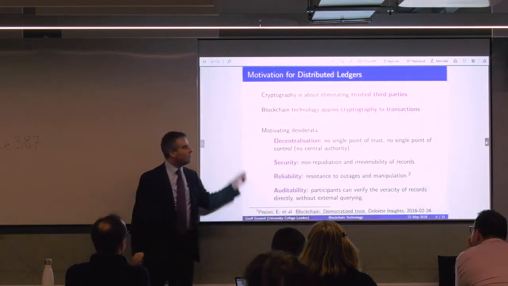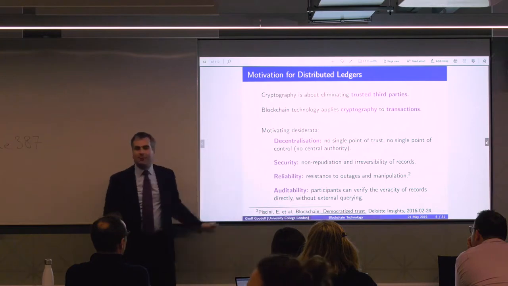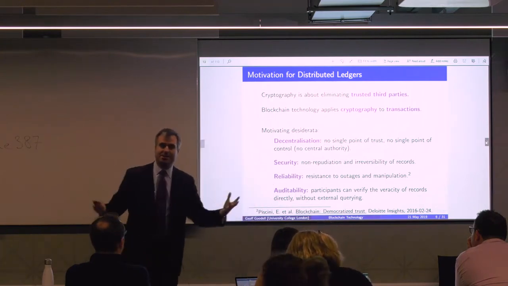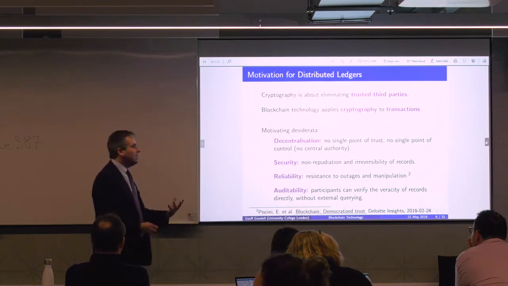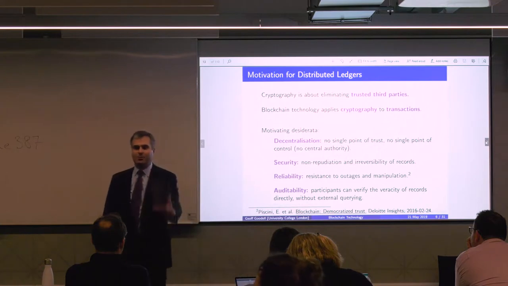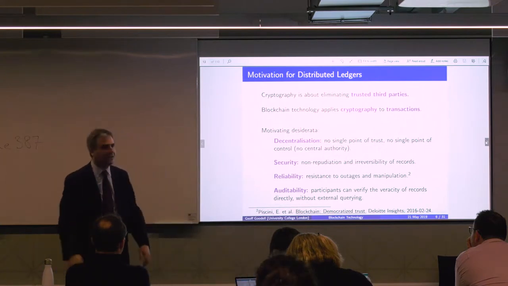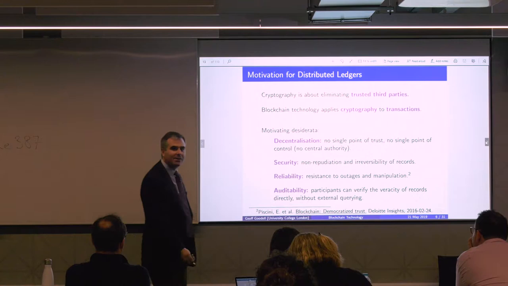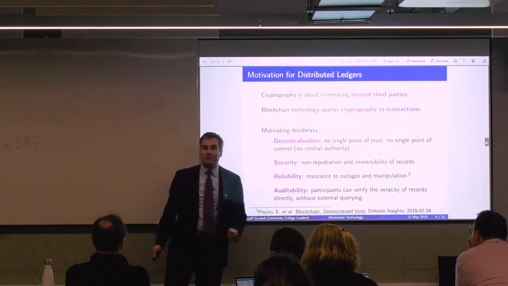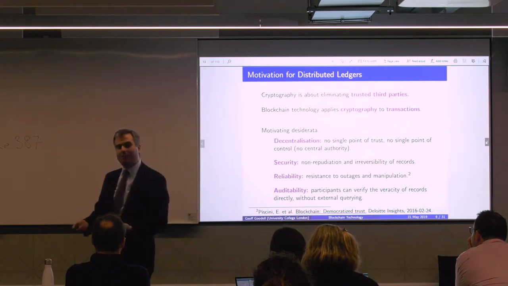Now why? Well, we want to achieve certain properties. Decentralization: that goes back to the question of building this decentralized network and having no single point of trust, no single point of control, no single point that can impose policies, no single point that can create blacklists. We want security, non-repudiation and irreversibility of records so that they can't be tampered with.